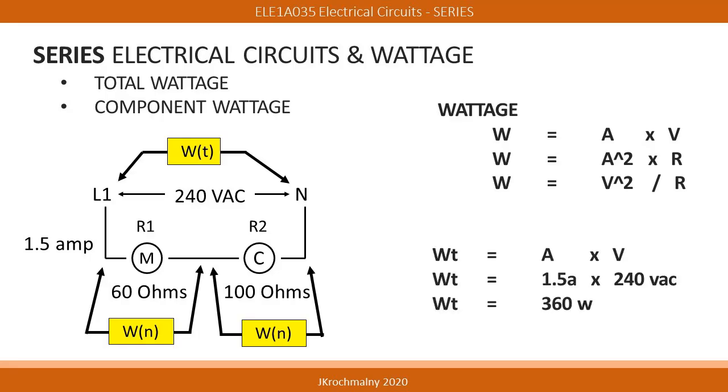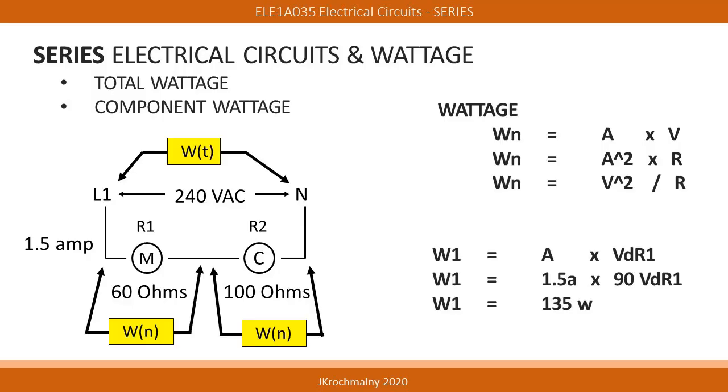Let's determine the total wattage consumed by this series circuit. Looking at the first formula, total wattage is equal to the circuit amperage multiplied by the applied voltage. 1.5 amps multiplied by 240 volts applied equals 360 watts of power being consumed.